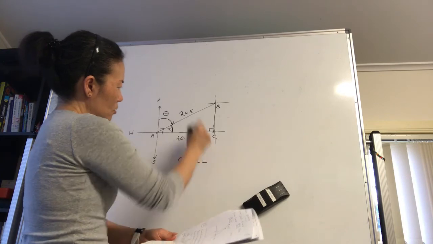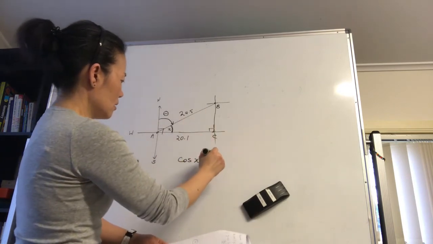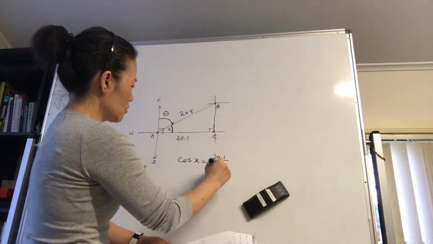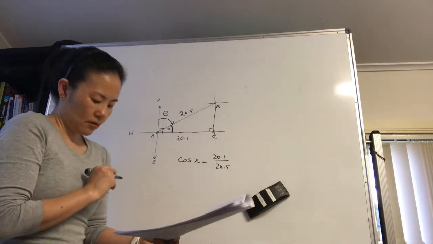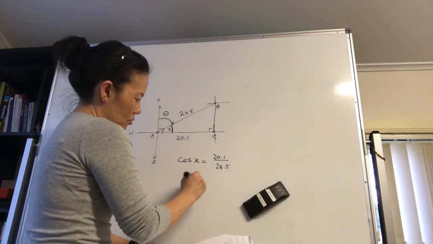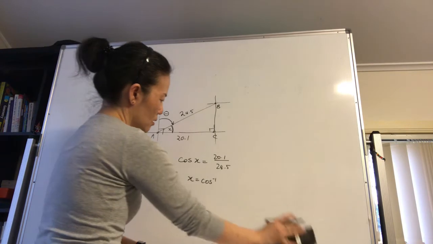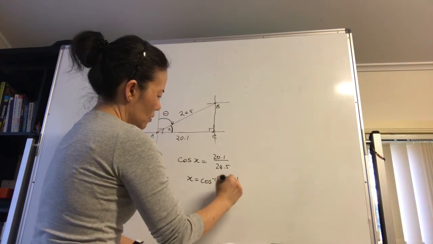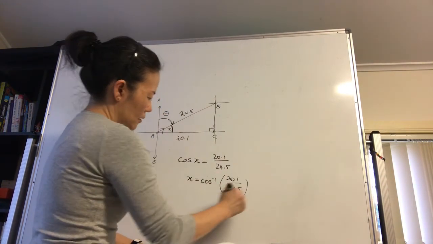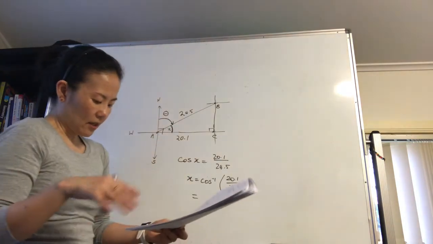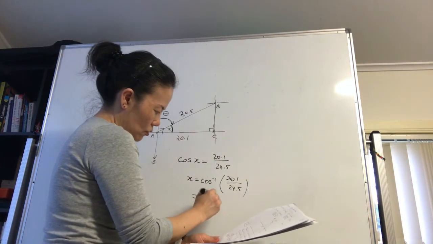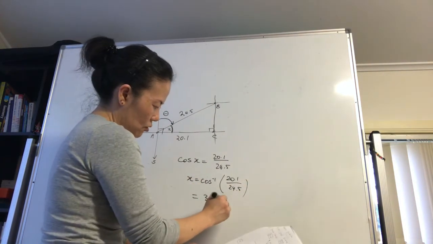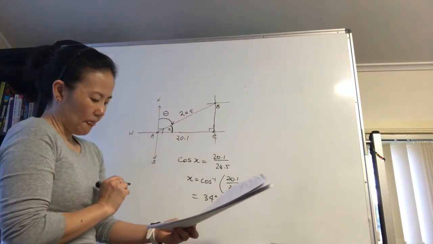Cos x equals 20.1 over 24.5. Okay, so then x equals cos inverse of 20.1 over 24.5, and put that in your calculator, you will get 34 degrees and 52 minutes.